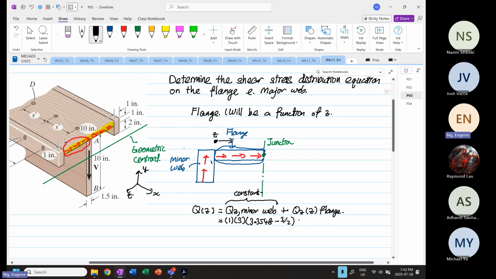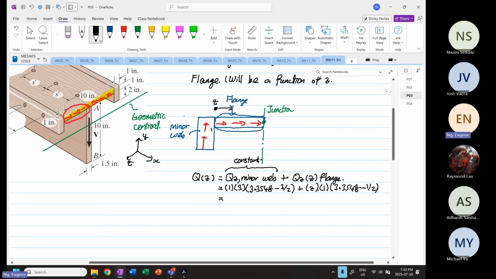Then plus, the width is going to be Z. Yes or no? The width will change. The depth is constant, so the depth is equal to 1. The Y bar is equal to 3.3548 minus 1 divided by 2.